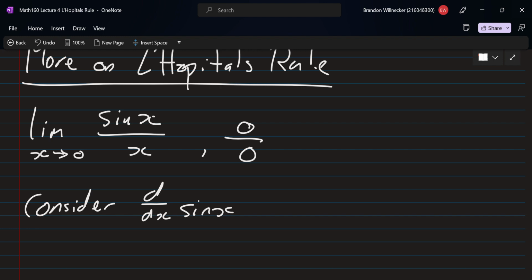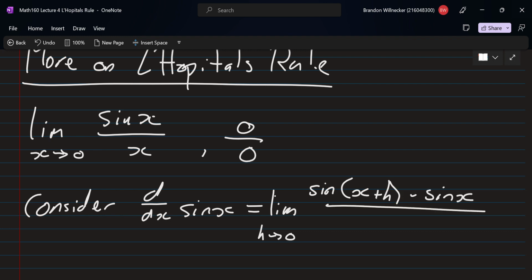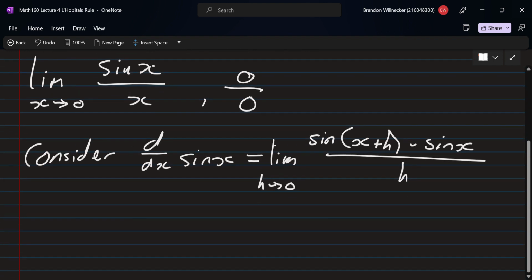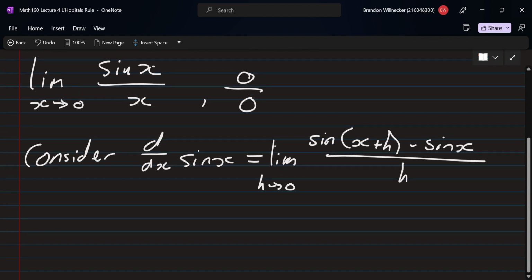But what happens if we try and differentiate the top part? We're going to do this by first principles. So this is the limit as h goes to 0 of sine of x plus h minus sine of x over h. I'll leave you to fill in the rest of the steps here.